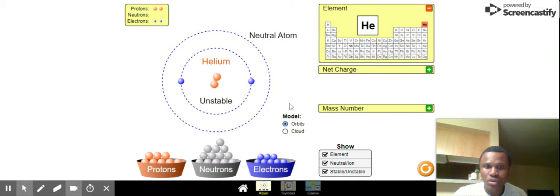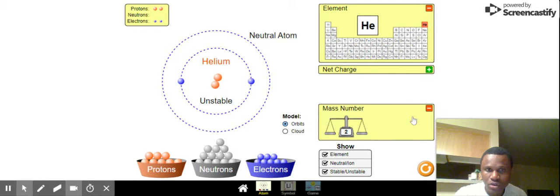And also there is what we call the mass number. If you look at it right here, the mass number. The mass number is the sum of the protons plus the neutrons. The mass of the proton is 1 atomic mass unit, and that of the neutron is 1. So if I want to know the mass of an atom, I simply add the number of protons plus the number of neutrons.